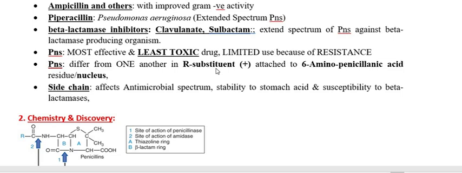We call it semi-synthetic penicillin. So 6-aminopenicillanic acid is the functional group present in the beta lactam antibiotics, and when we put the side chain on it, we get the semi-synthetic penicillins. Putting this side chain enhances antibacterial activity.